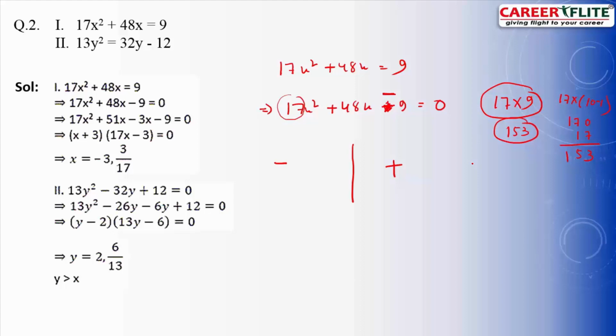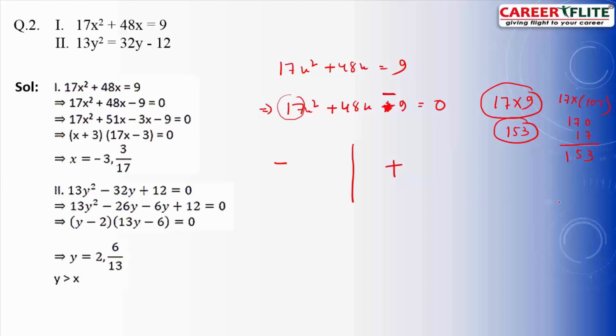Now what to do? Divide 153 in such a way that the addition comes to be 48 and the multiplication comes to be 153. Get two numbers that if you add them you will get 48, and if you multiply them you will get 153.